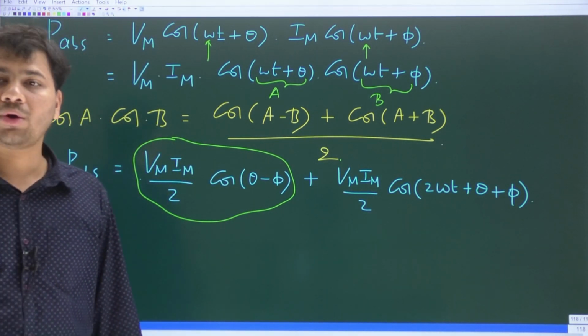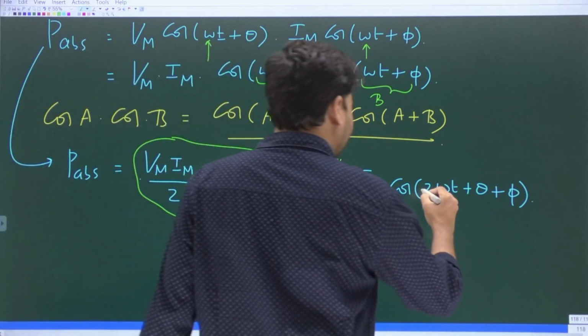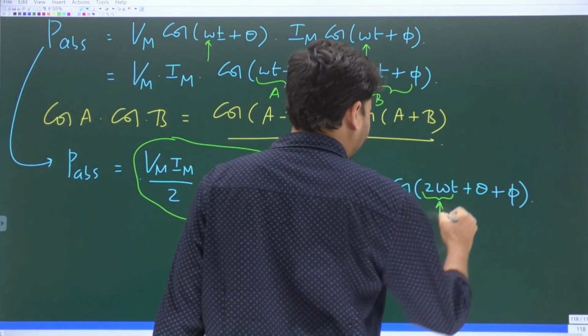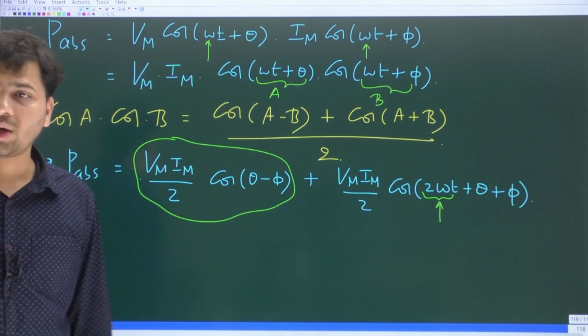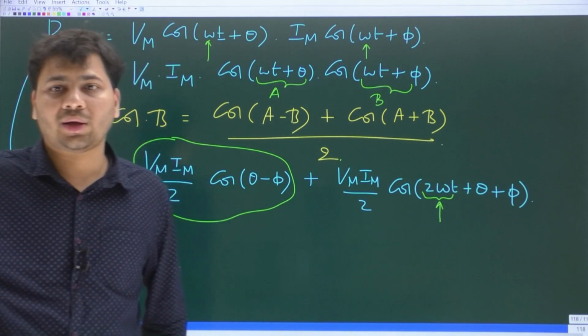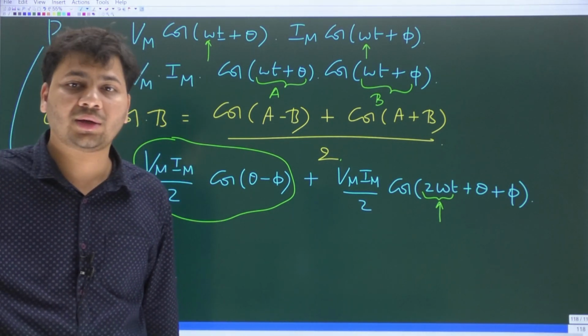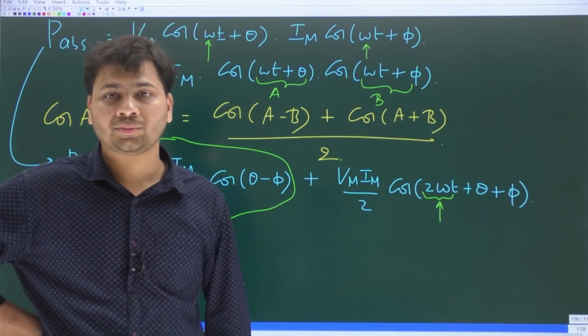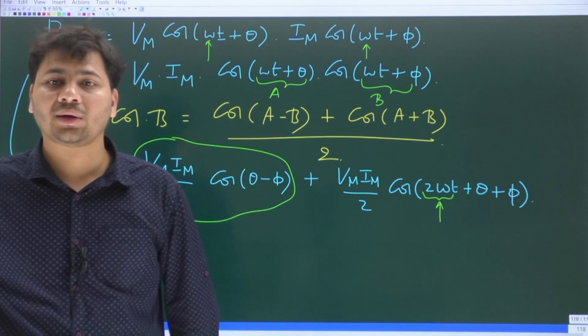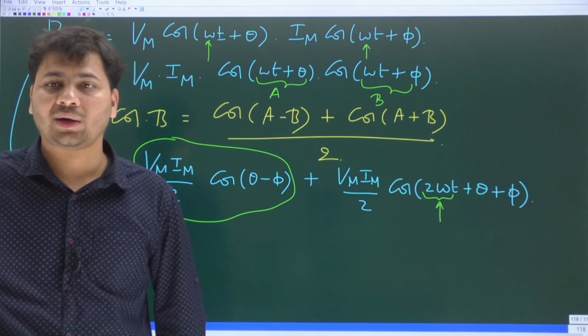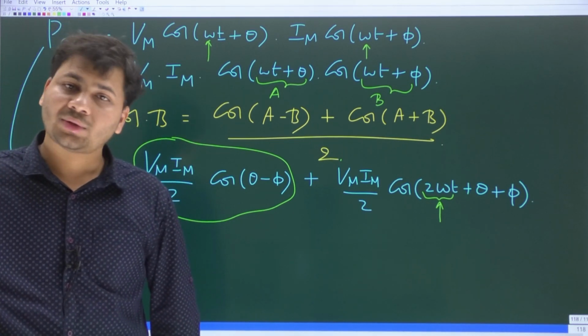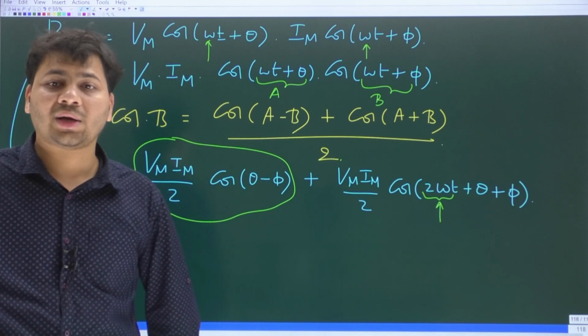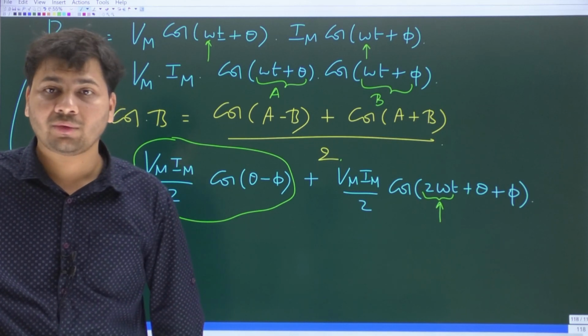Is it omega? No, 2 omega. Clearly, it is 2 omega. So the power absorbed by this two-terminal element is also a periodic function, but with a frequency of 2 omega. Whereas the voltage and current have a frequency of omega, the power function oscillates at twice the frequency.